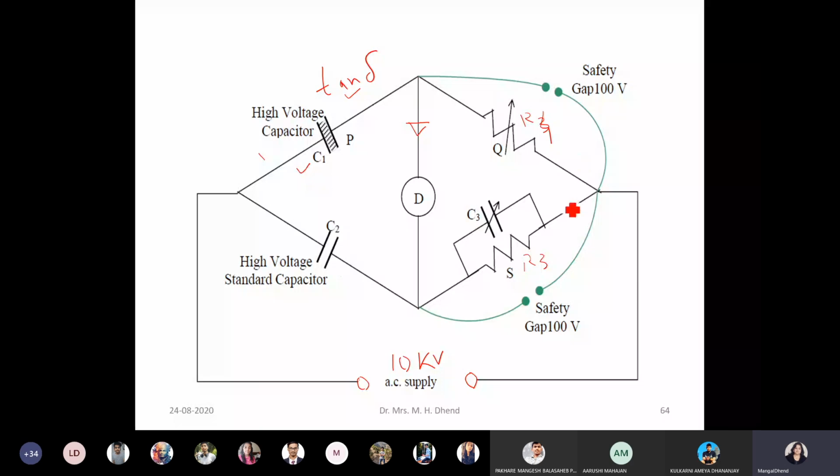At that time you will measure the components, put them in the formula and find out C1 and tan delta. Now suddenly, by mistake, this capacitor ruptures immediately and goes off.